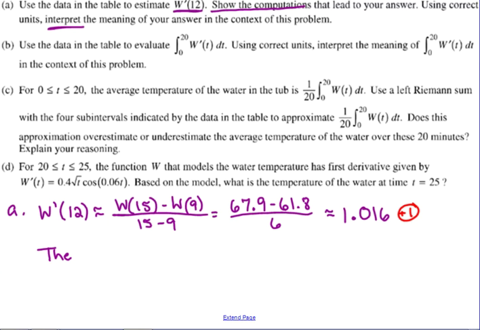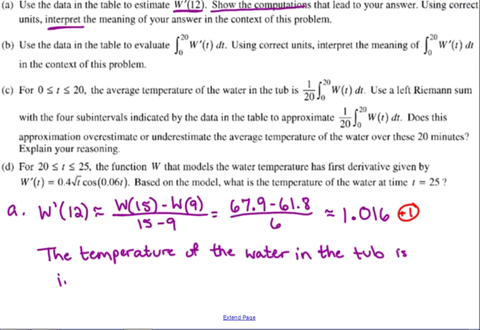So we can say the temperature of the water in the tub is increasing because it's positive at a rate of 1.016. Let's talk about units.